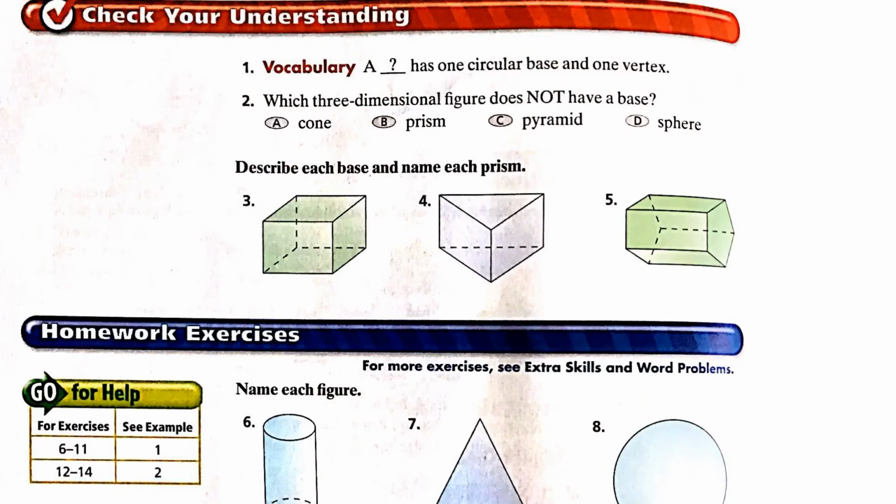I'll go ahead and get you started on page 254. A blank has a circular base and one vertex. What is that? It's a cone. Which three-dimensional figure does not have a base? So a cone, we know, has a base. A prism also has a base.